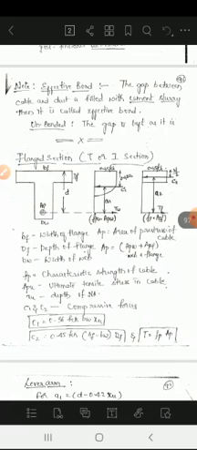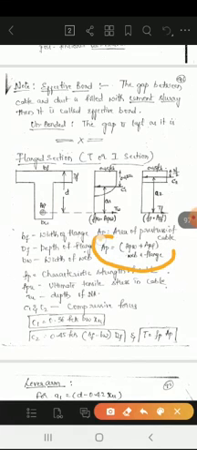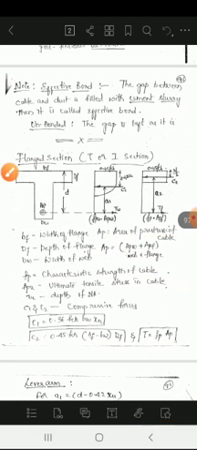Here you have to remember AP is equal to APW plus APF, where APW is the area for the web and APF is the area for the flange, right? So here the similar notation is there.